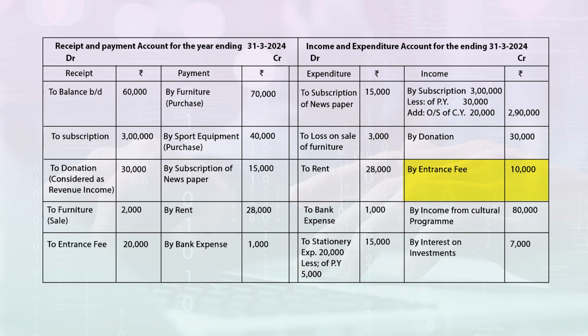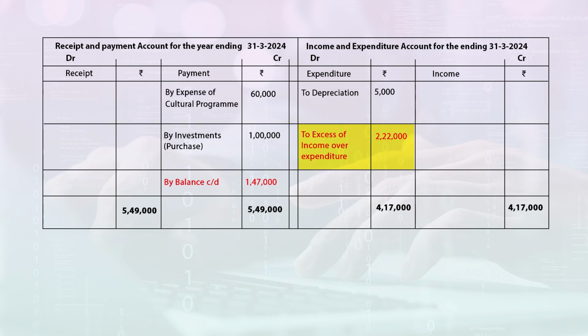Then there is entrance fee of rupees 10,000, followed by income from cultural program of rupees 80,000. The last item here in this case is interest on investment, which amounts to rupees 7,000. The excess of income over expenditure amounts to rupees 2,22,000.